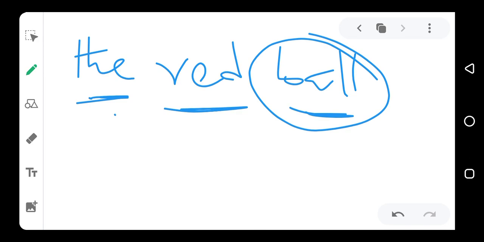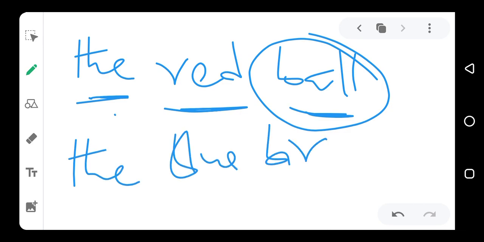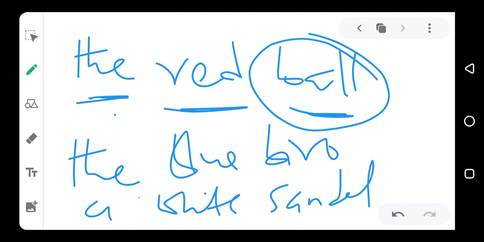The red ball, the blue biro, a white sandal. This is an article, this is an adjective, and this is the noun.